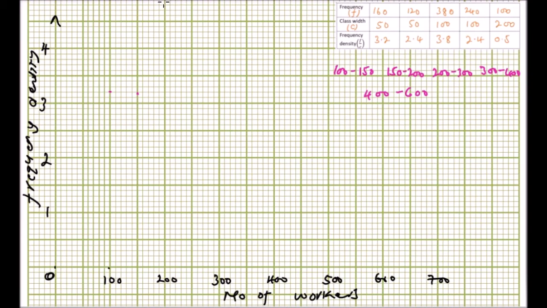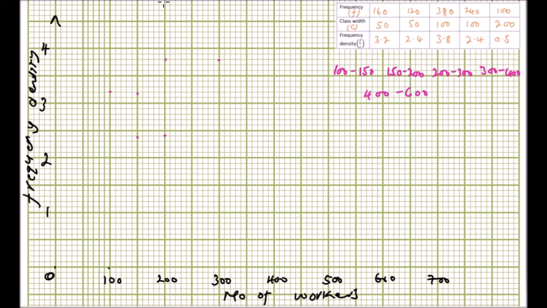So 150 to 200, it is 2.4, so that is where we have our bar. Then from 200 to 300, it is 3.8. So at 200, we have 3.8 there, to 300 is 3.8. We draw our bar there.